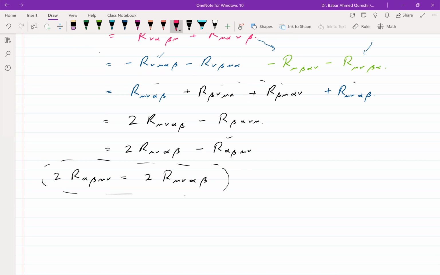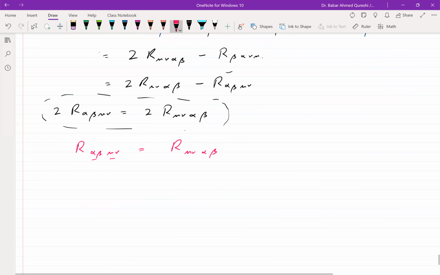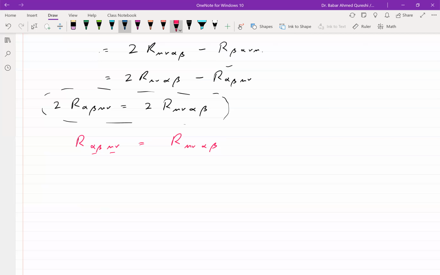So in other words, you can change this pair. This is another symmetry, but this one is not independent.